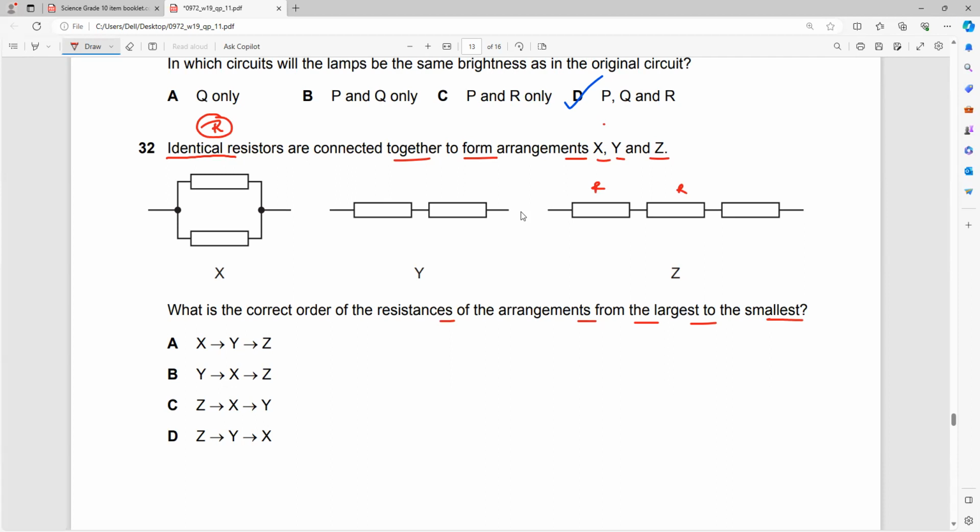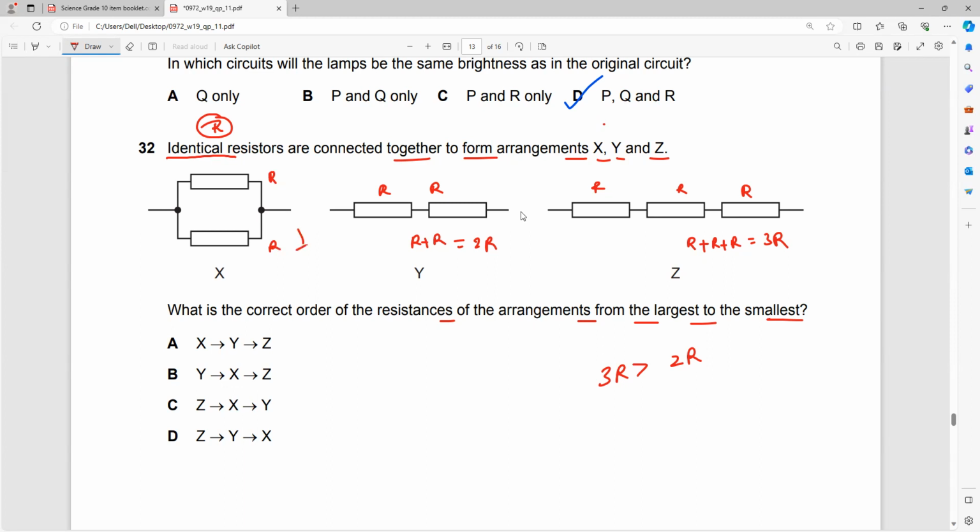Directly we can say, here is a series connection, R plus R plus R, which equals 3R. Here R plus R, which equals 2R, because both are parallel. So 3R is greater than 2R. Next, of course, it is a parallel.